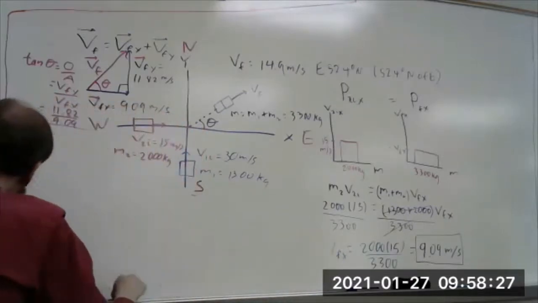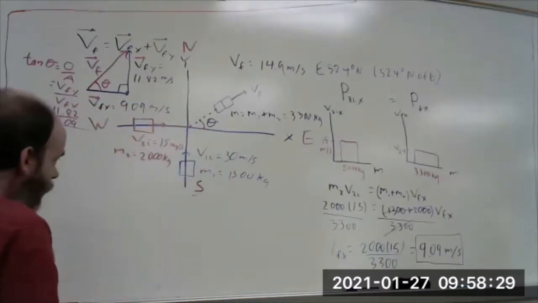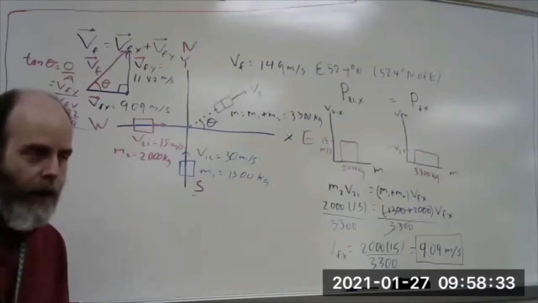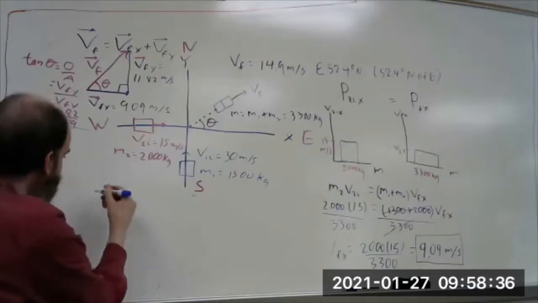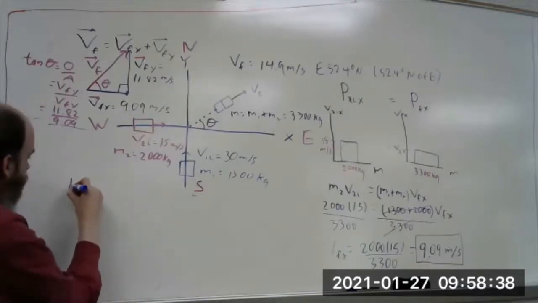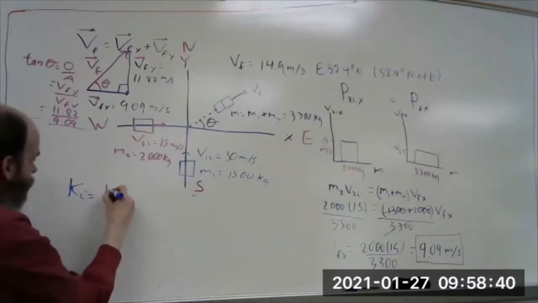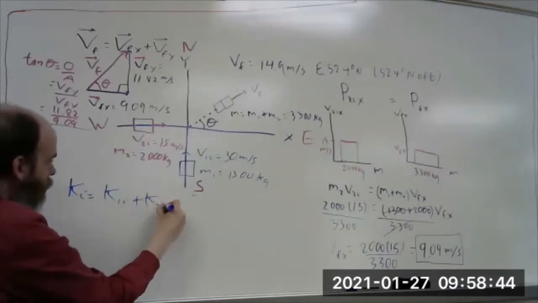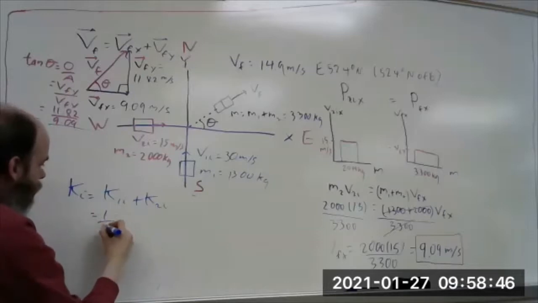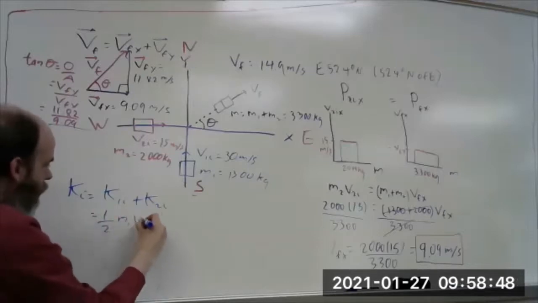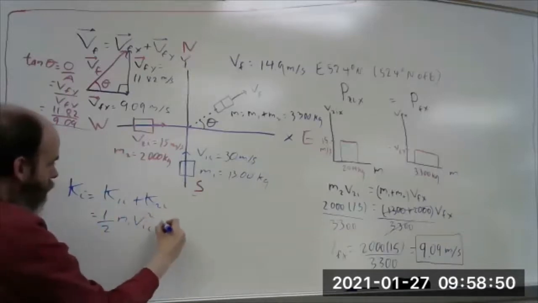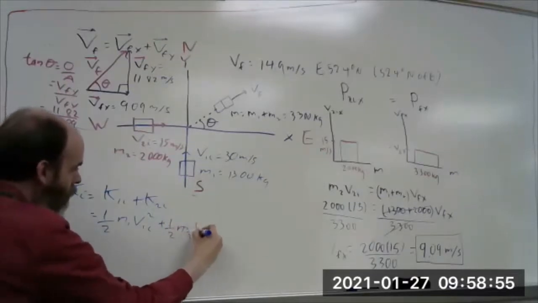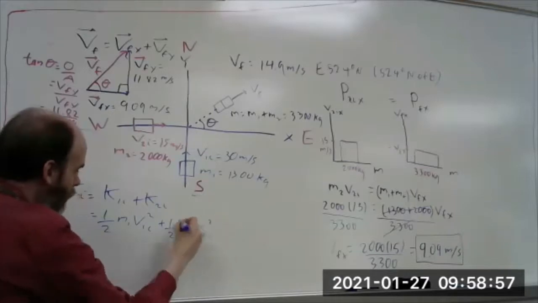Okay, so the initial energy is just the kinetic energy of each of the cars. So kinetic energy initial equals kinetic of 1 initial plus kinetic of 2 initial, which is 1/2 m1 v1 initial squared plus 1/2 m2 v2 initial squared.